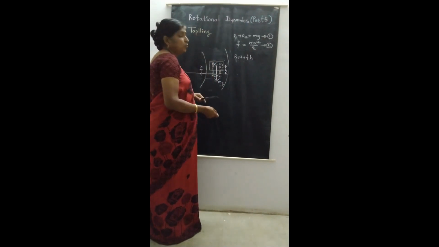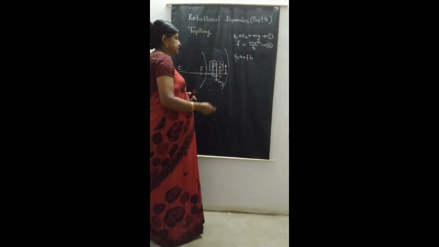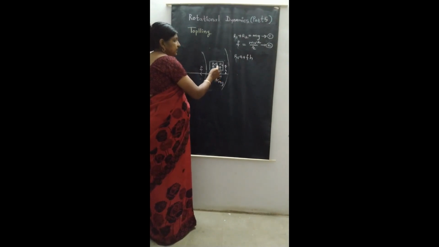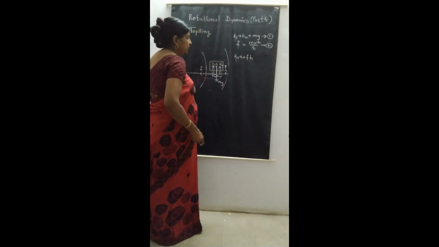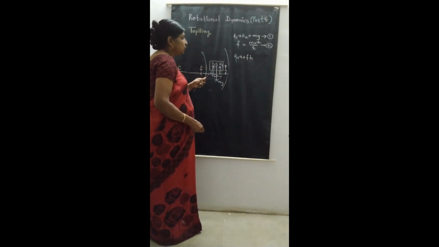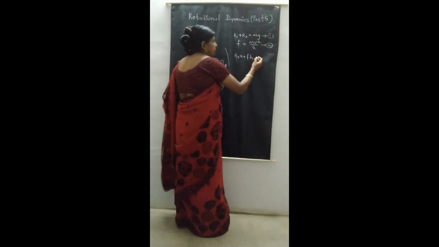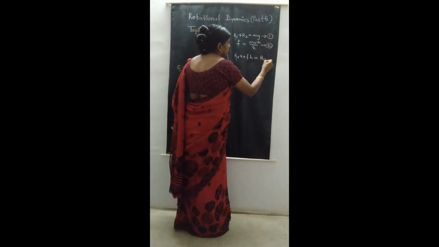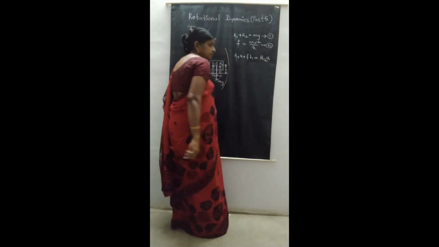Therefore, it produces anti-clockwise torque, and this distance is again A. The distance of point G from R2 is again A. So, it is R2 into A. Therefore, the anti-clockwise torque is R2 into A.